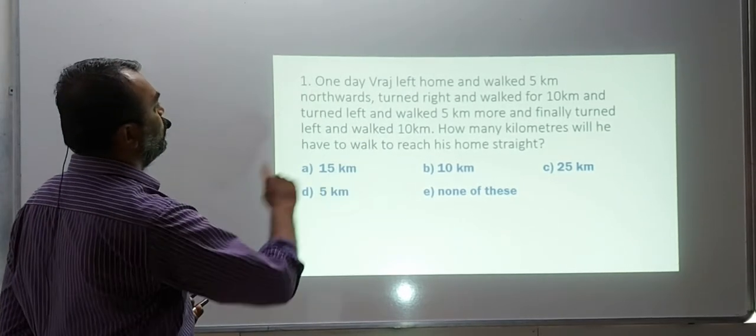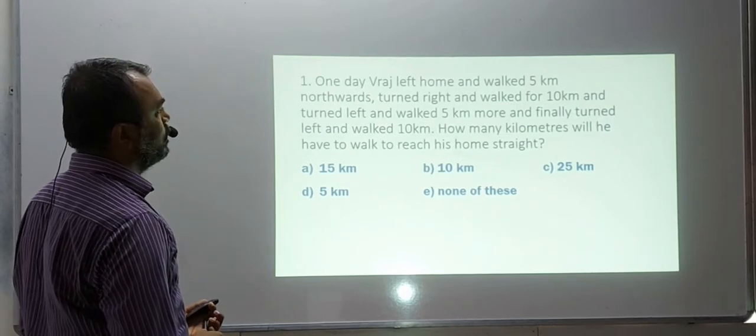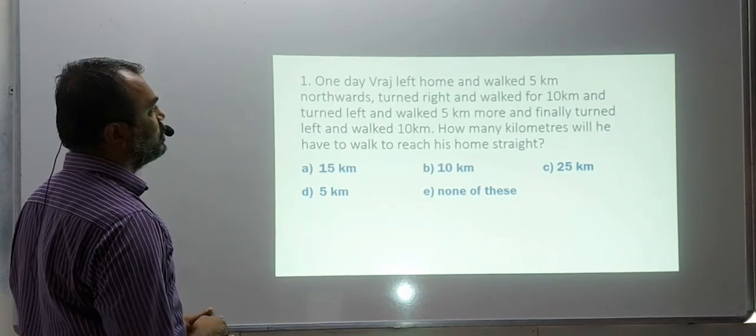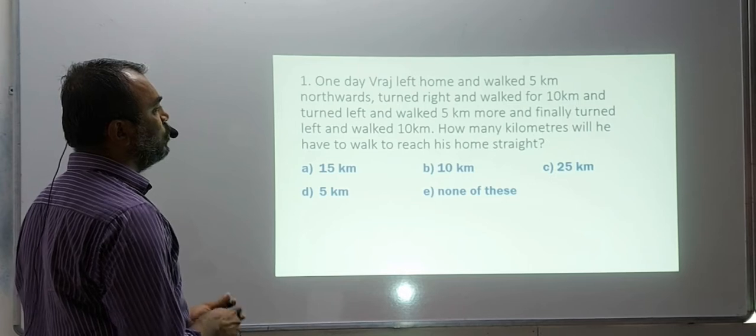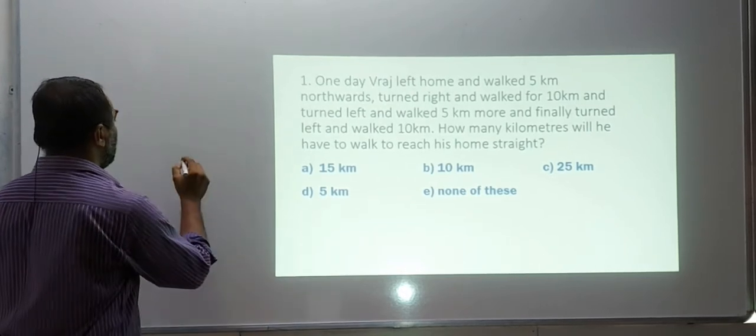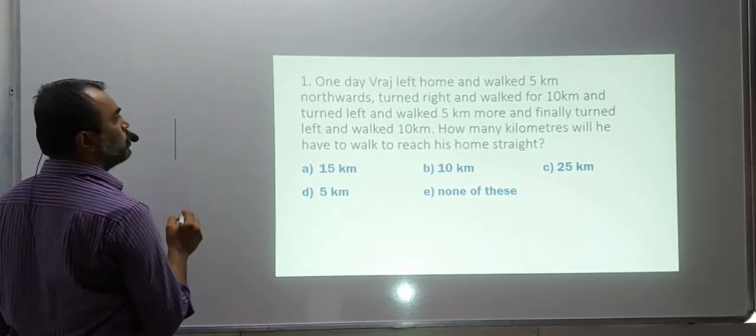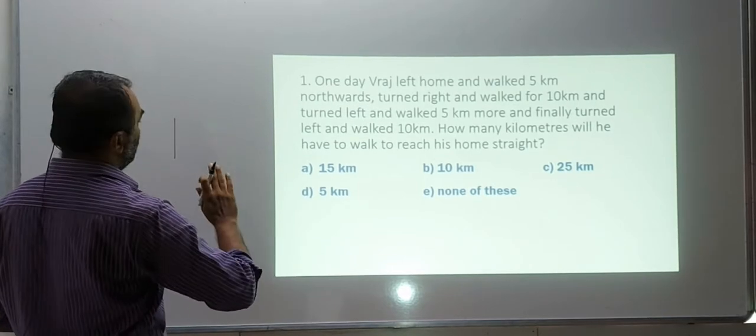So, what is the question here? He walks 5 kilometers northwards, turns right, walks 10 kilometers. Now you can go for a rough figure, but 5 kilometers northward, turn towards right.